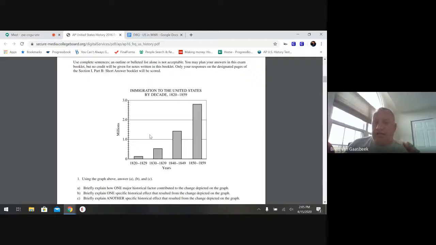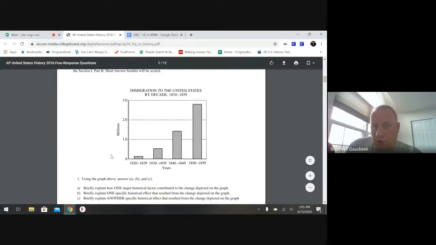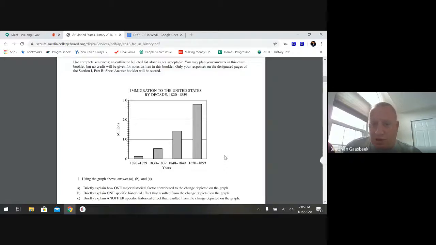So let's say you get a DBQ where they throw this at you. The first thing you should look for whenever you get a visual like this is, is there a source? Now, as you notice, there is no source here. It doesn't say that this was taken from the United States Census Bureau or from a cataloging of, you know, Fortune magazine or something like that.